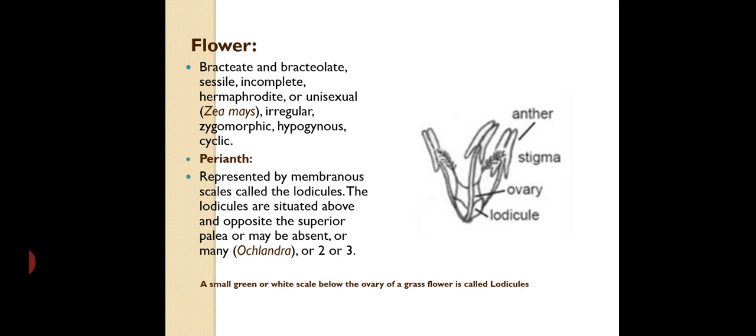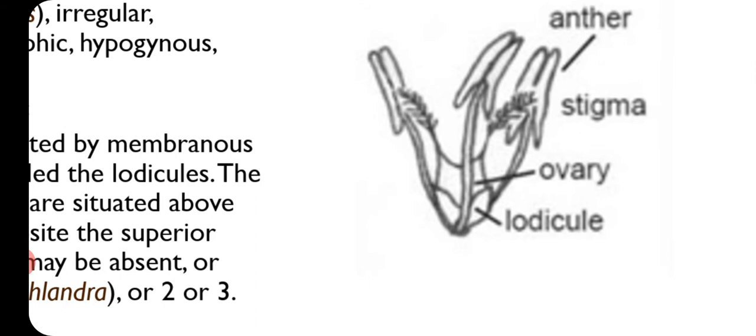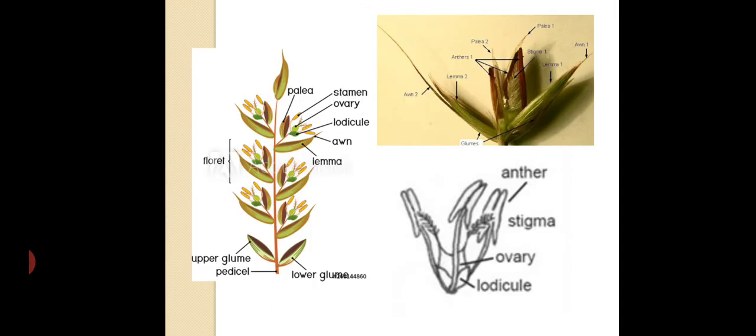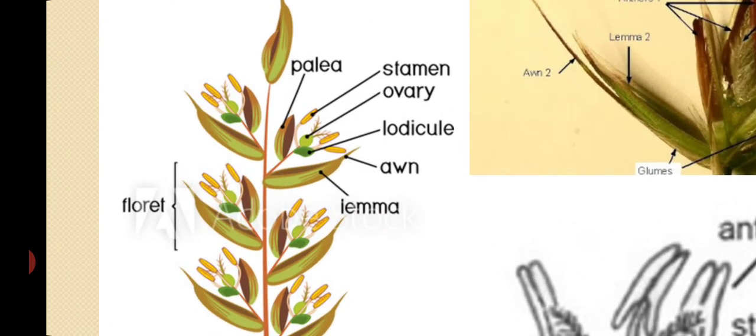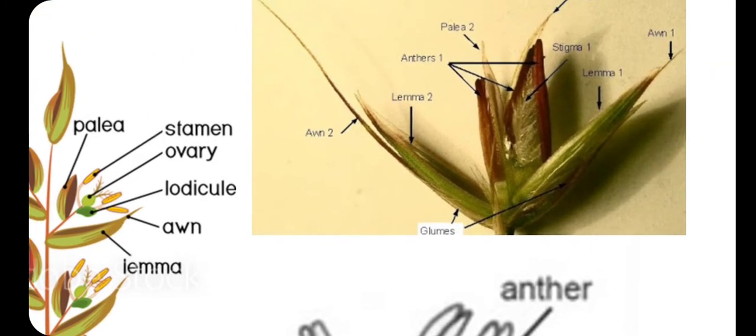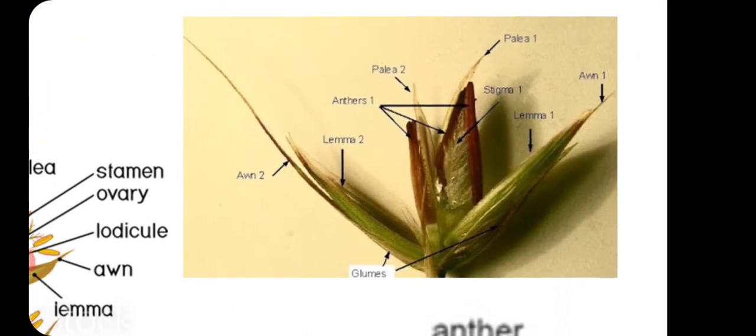Or irregular, zygomorphic, hypogynous, cyclic flowers. And there is no petal or tepal differences, only we can see this perianth, which is represented by membranous scales called lodicules. Here we can see the lodicules, small membranous structures, and here also we can see a lodicule. Here it is diagrammatically represented as green structures, and here it is a small green structure.